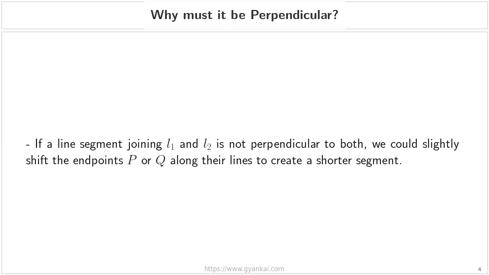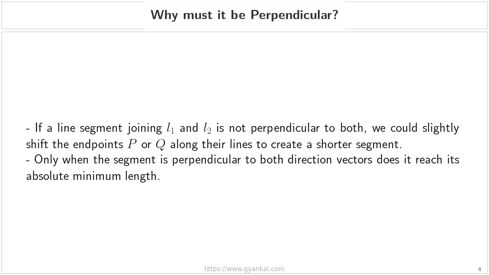By moving the points toward that perpendicular position, we effectively shrink the gap, creating a shorter segment. It is only when the segment reaches a state where it is perfectly perpendicular to both direction vectors that we can no longer shorten it by shifting the points. At this specific orientation, the segment reaches its absolute minimum length.